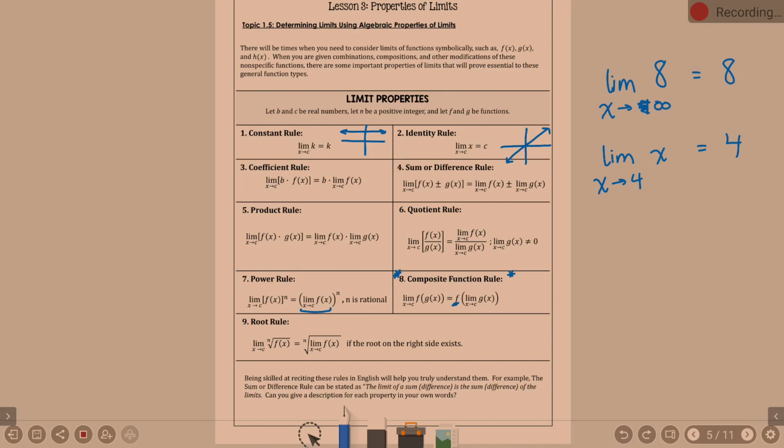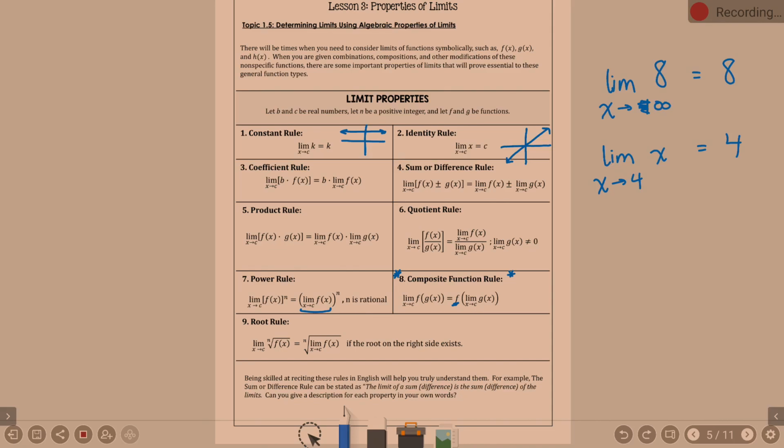I guess the one thing I didn't talk about down at the bottom, it talks about being skilled at reciting these in English will help you understand them better too. I mentioned them quickly, but the one that you hear a lot, the sum or difference rule can be stated as the limit of a sum or difference is the sum or difference of the limits.